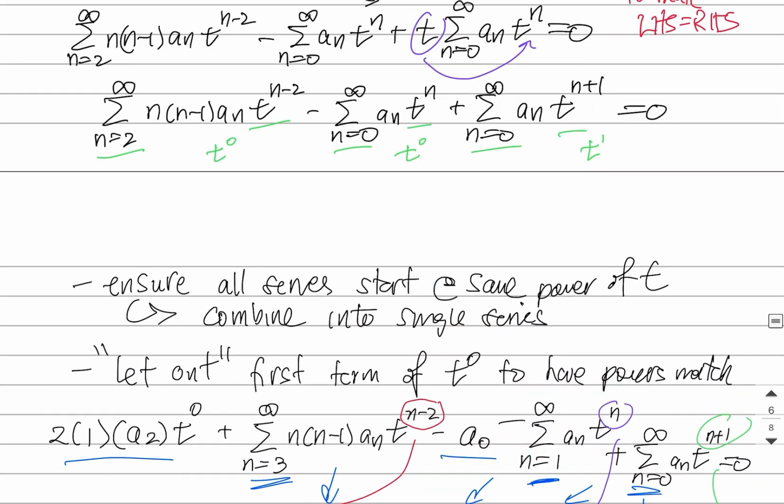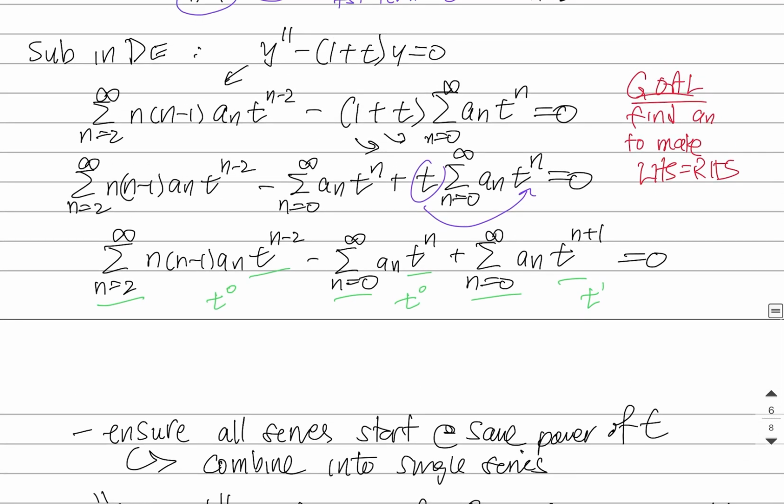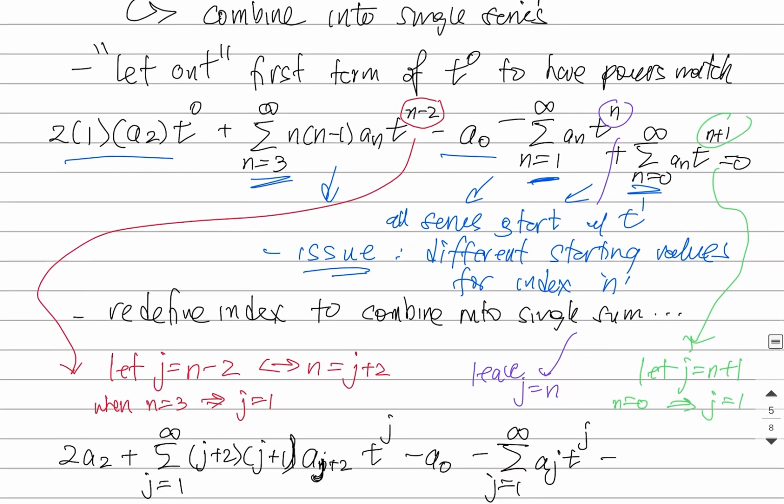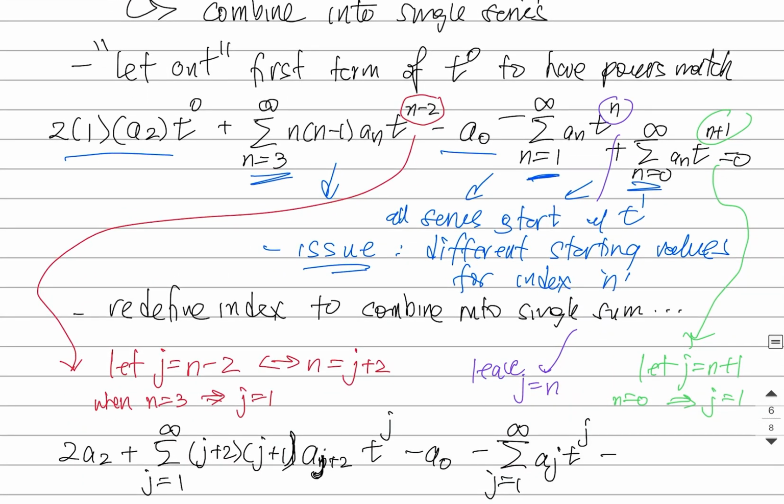Up above, I'm sorry, I forgot a negative sign all the way over here. So this should be a negative, and this should be a negative. Scrolling down, this term here needs to be a negative.